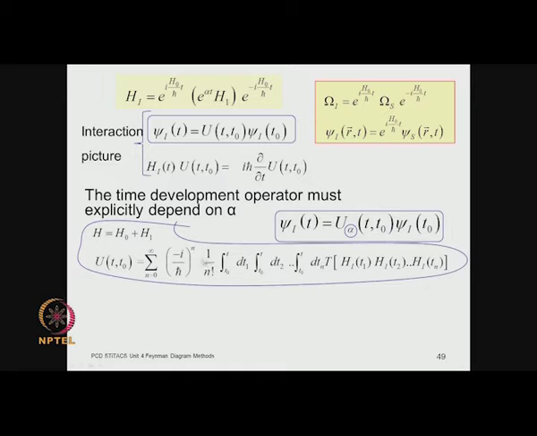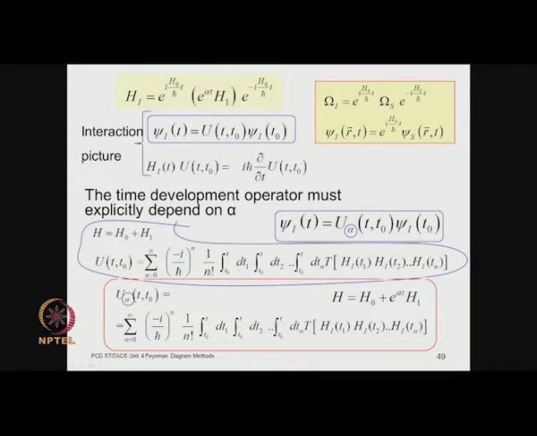Now, this is the general solution that we had written earlier, and we write it in an equivalent form, but respecting the choice alpha, where the full Hamiltonian is no longer H0 plus H1, rather it is H0 plus H1 times e to the alpha t. So, it is the same solution, but now you have got the subscript alpha.